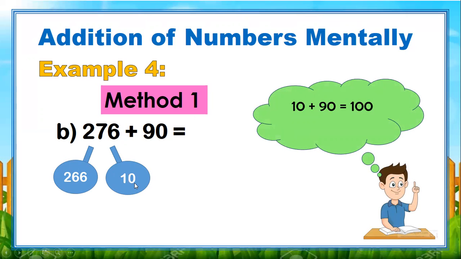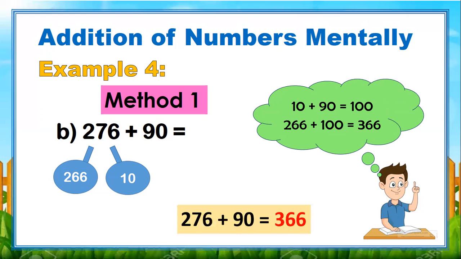So here, if we add 10 and 90, it will give us 100. And we can easily add 266 and 100. And it will give us the sum of 366. So therefore, 276 plus 90 will be equal to 366. So the answer is 366.